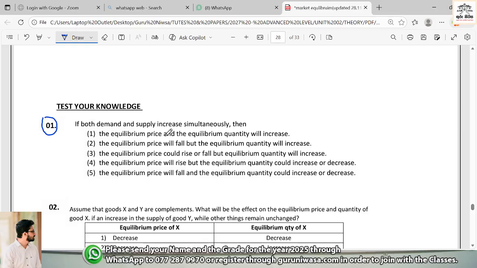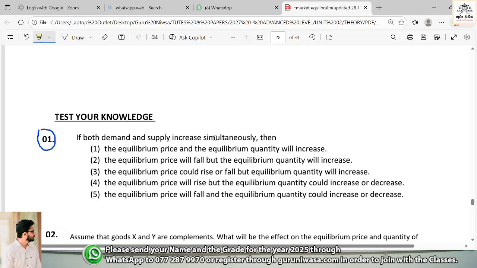If both demand and supply increase simultaneously, then what happens? Third one. Equilibrium. Both demand and supply increase simultaneously.